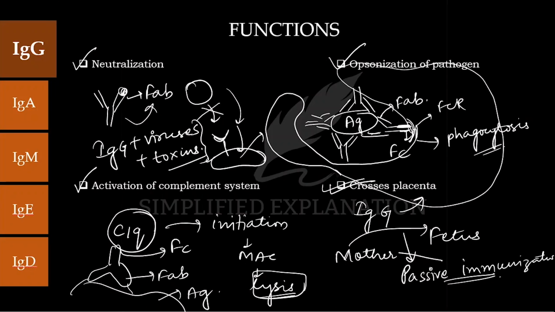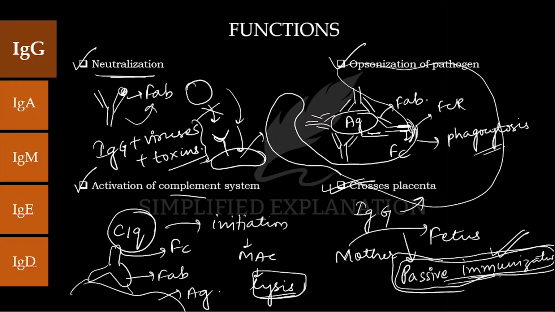So the important thing here is that it is providing passive immunization to the newborn. Okay, passive immunization. So four functions we have studied: neutralization, opsonization, activation of the complement system, crossing the placenta, and providing passive immunization.